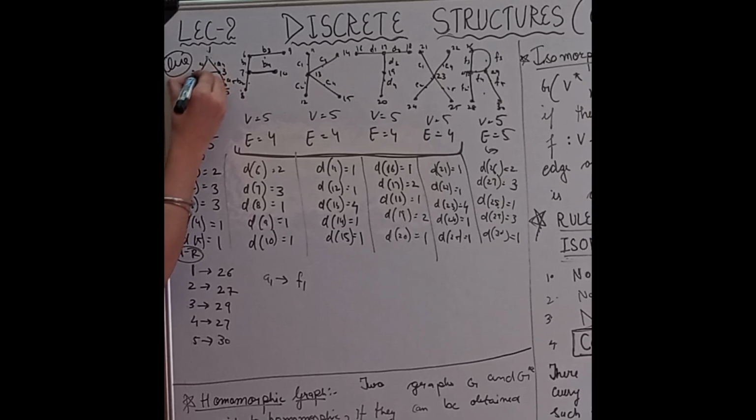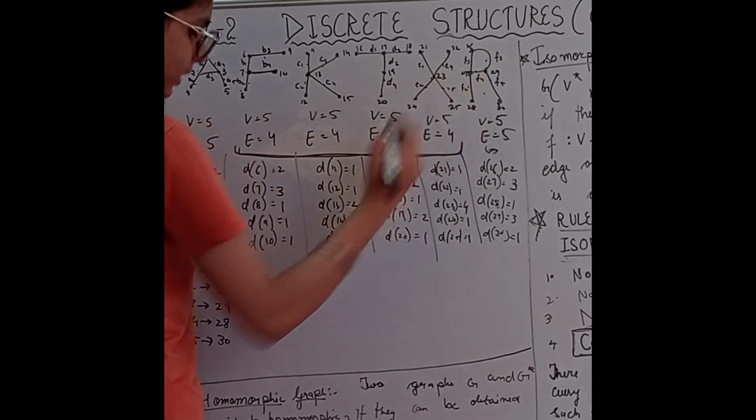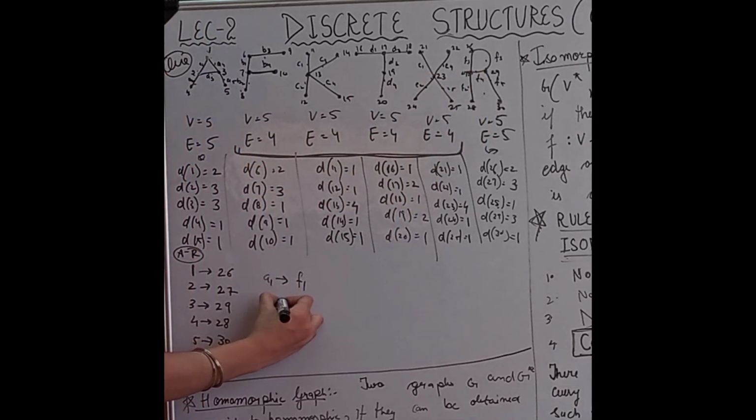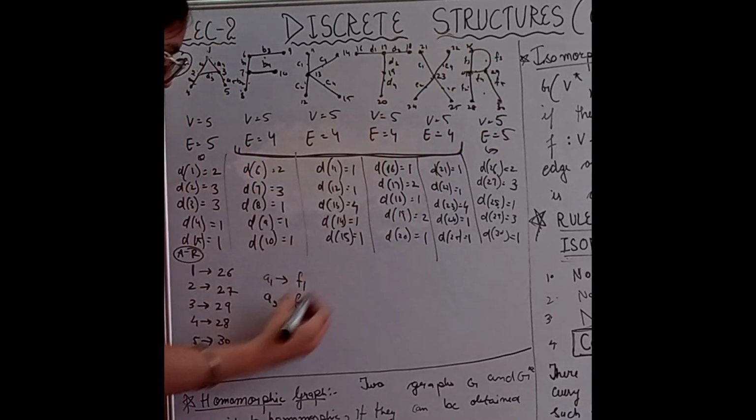Let's move on to the next. 2 to 4 means 27 to 28. So A2 will correspond to F2. 1 to 3 is 26 to 29, which is F3.